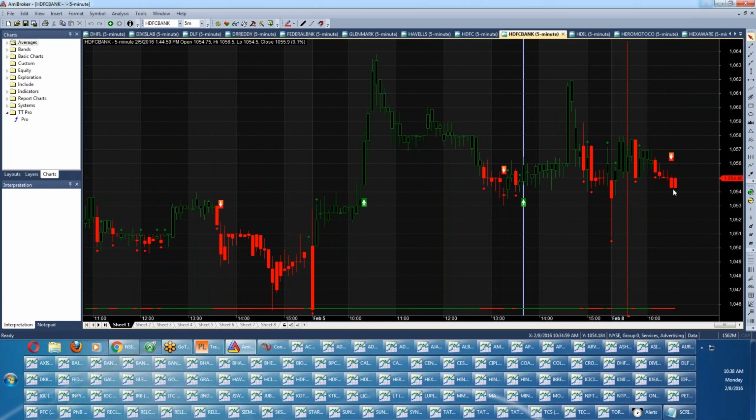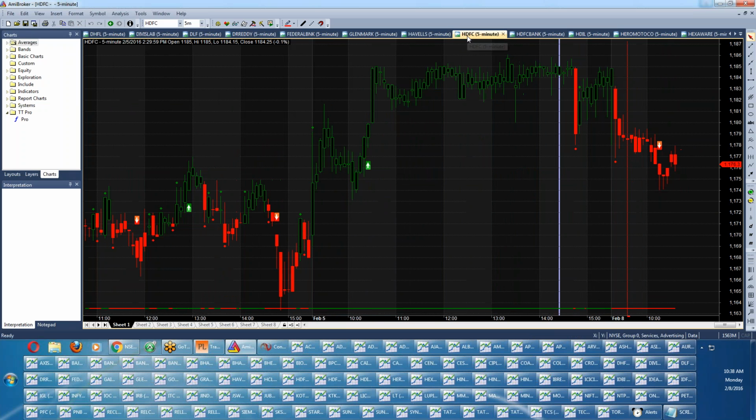HDFC, we have a sell here. You can short it at that price. HDFC Bank also, we have a sell. It will get triggered there.